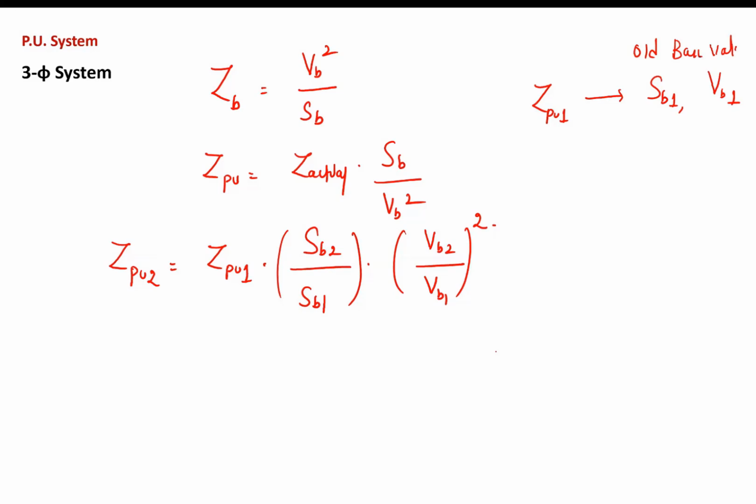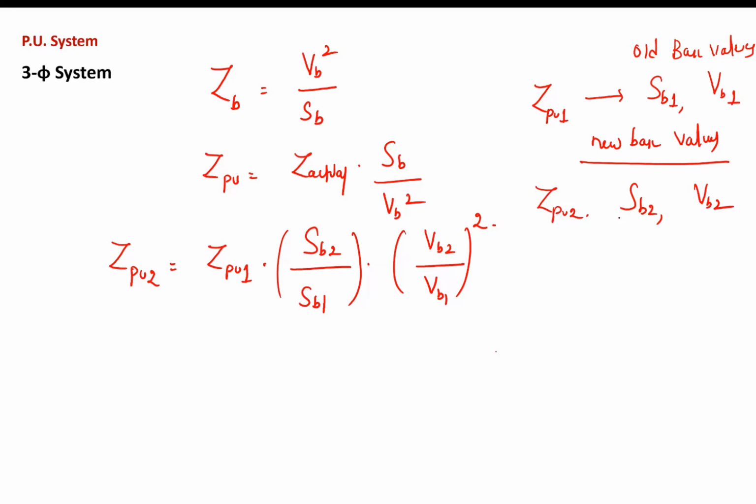Now I want to calculate the per unit value of the same element on new base values, SB2 and VB2. Then I am calculating the Z per unit 2, that is new per unit value on a different base values.